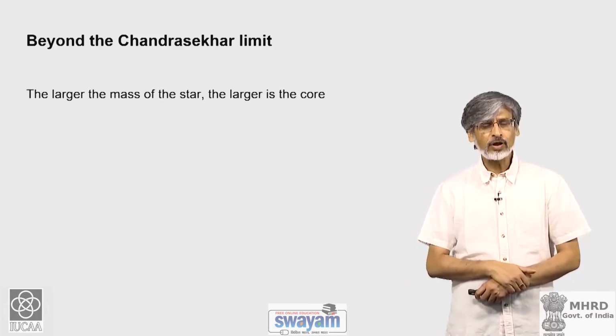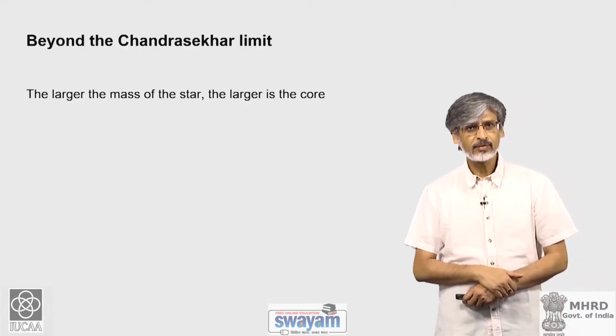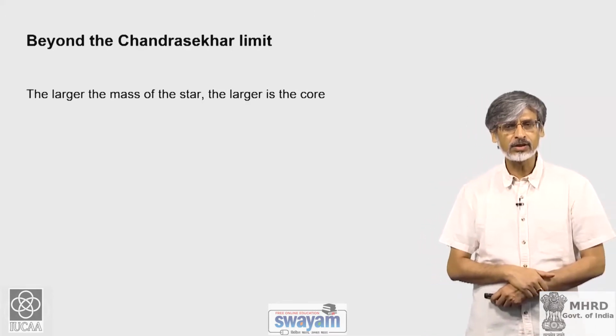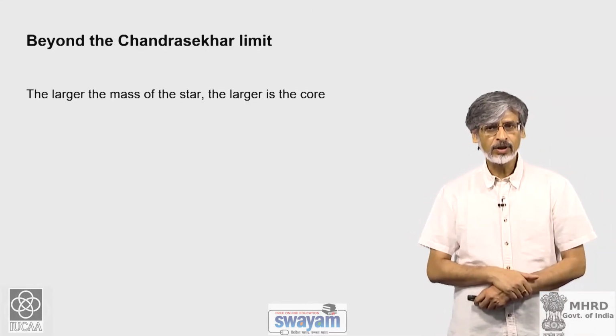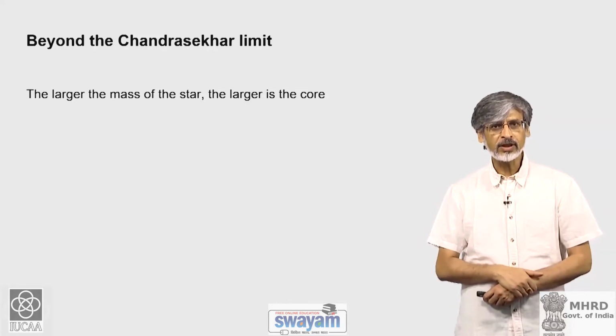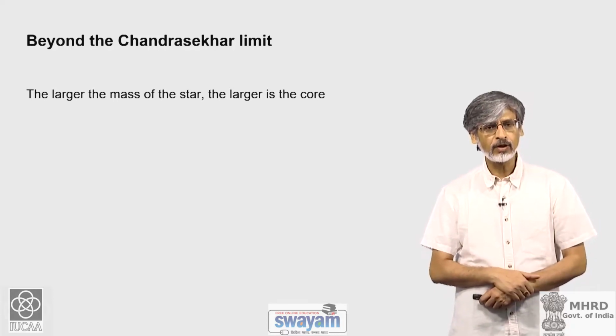Now, as you have already seen, the larger the mass of the original star, the larger the mass contained in the core region, which is undergoing nuclear burning. So, the core that will eventually contract and give rise to the compact object is larger for larger original mass of the star.